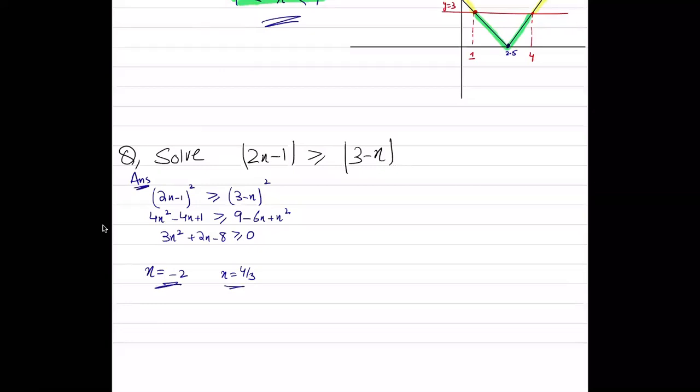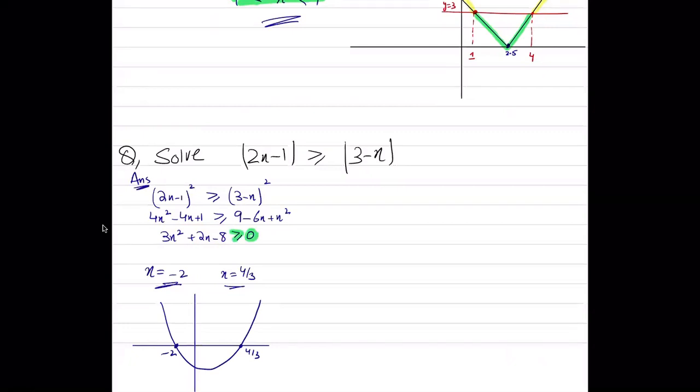Now, you see, this is a quadratic expression. So if I were to sketch this quadratic, I'm sure you have done this in P1. The critical values that you are going to get are minus 2 and 4 upon 3. And you want this quadratic inequality to be greater than or equal to 0, right?